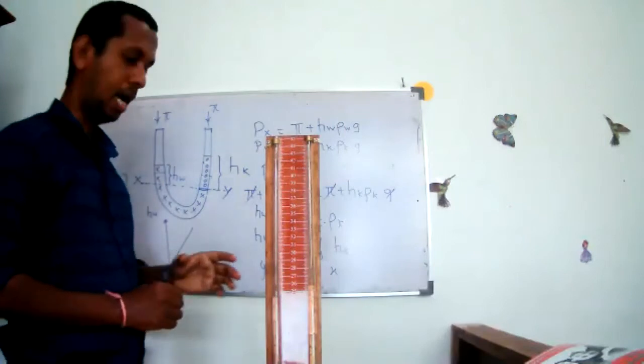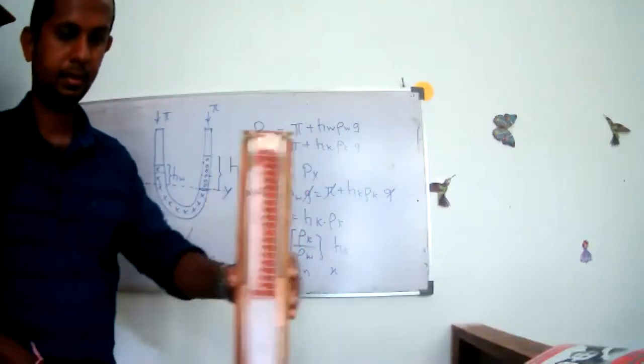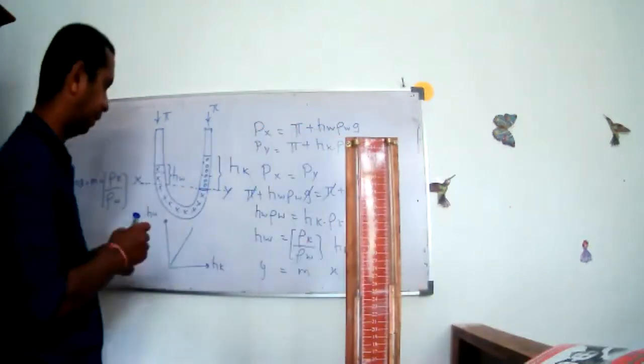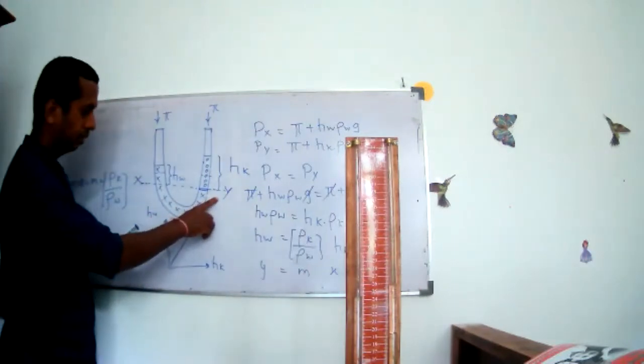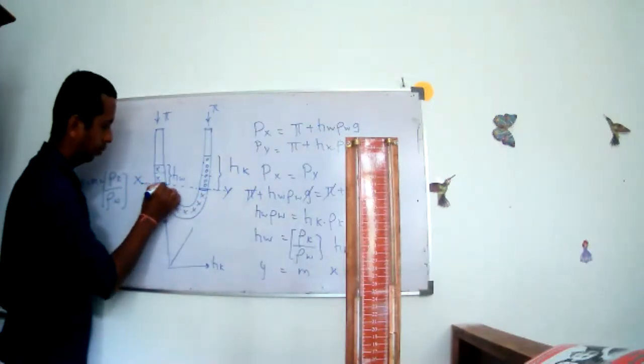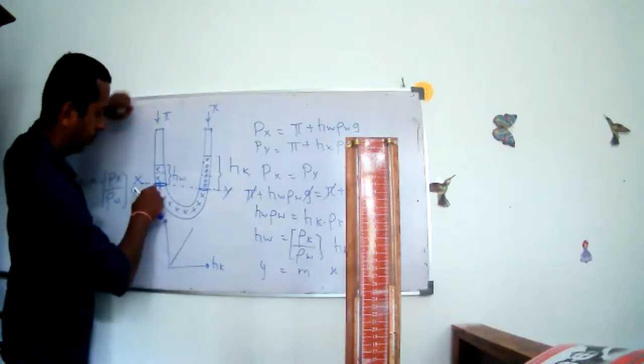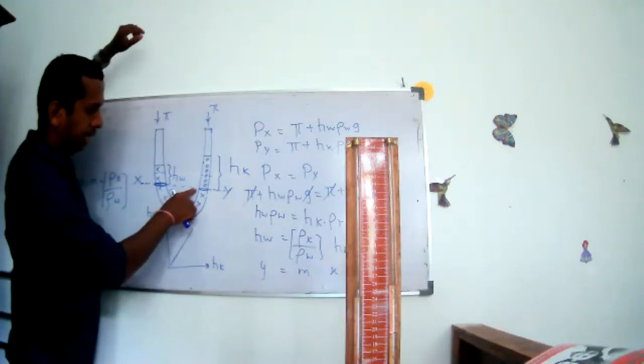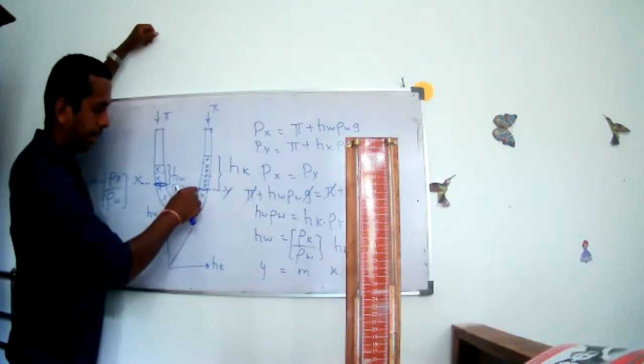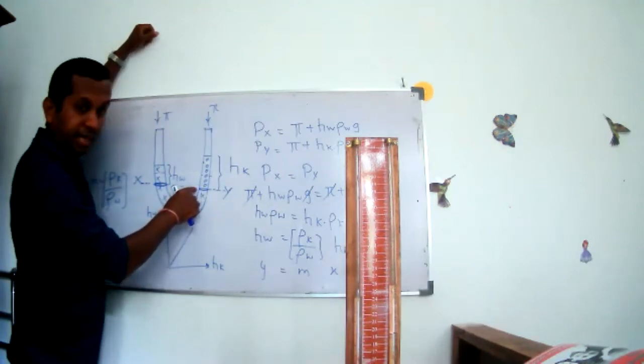So then I have to take the readings of that position, and find out the height of both columns. I have to write down initially the water and kerosene oil interface.